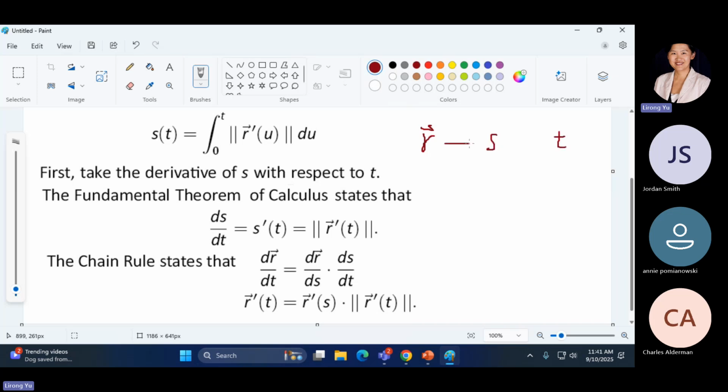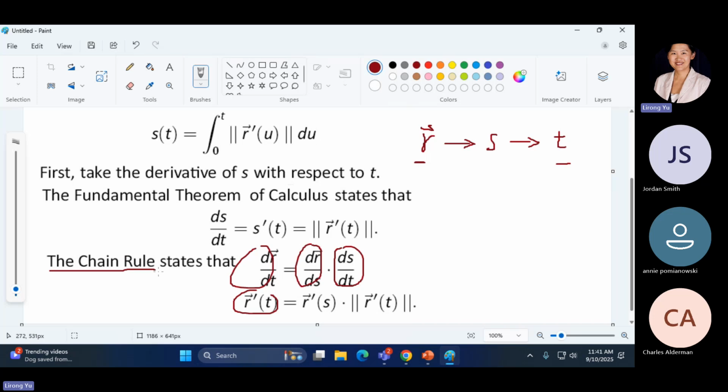The relation between r and s is where we get the dr/ds. The relation between s and t, ds/dt, is the rate of change between s and t. So therefore, the rate of change between r and t will be the r prime. Right? So dr/dt equals dr/ds times ds/dt. This is the fundamental reasoning in chain rule.